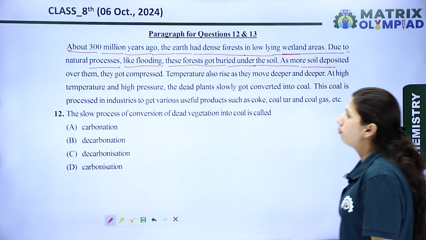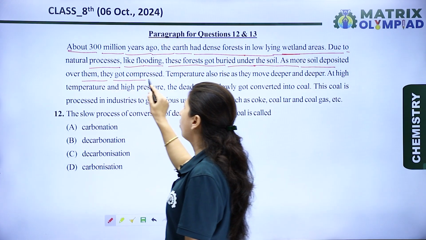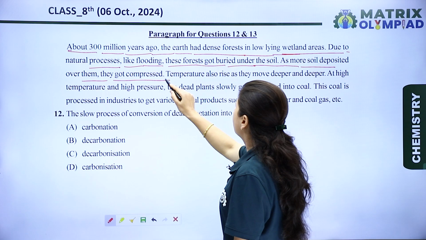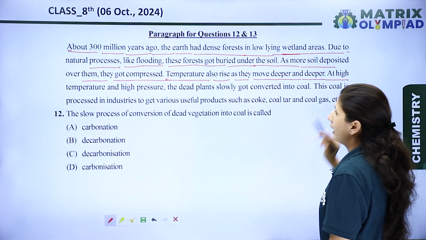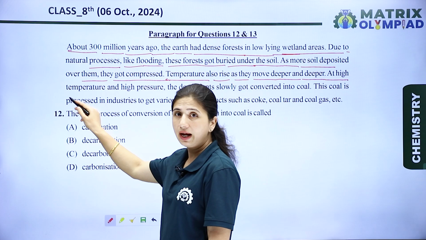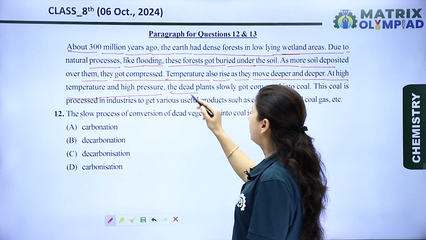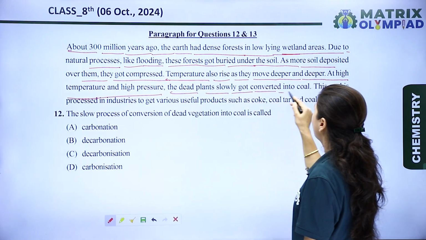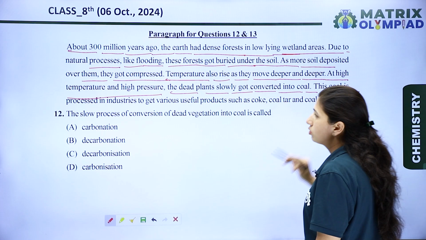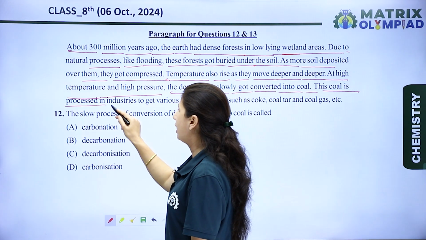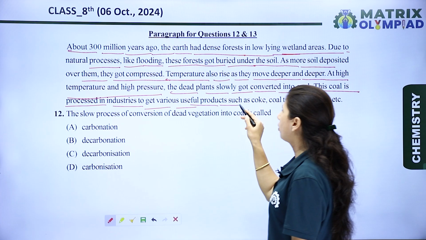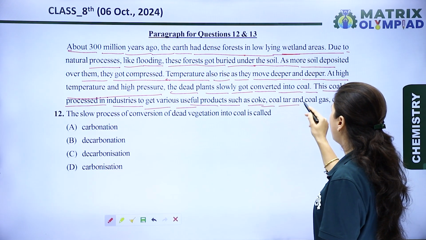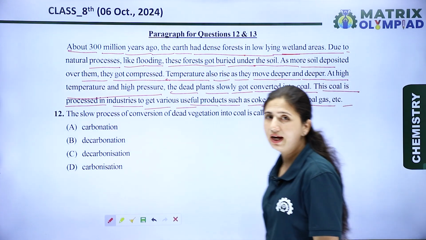As more soil deposited over them, they got compressed. Temperature also rose as they moved deeper and deeper. At high temperature and high pressure, the dead plants slowly got converted into coal. This coal is processed in industries to get various useful products such as coke, coal tar, coal gas, etc.